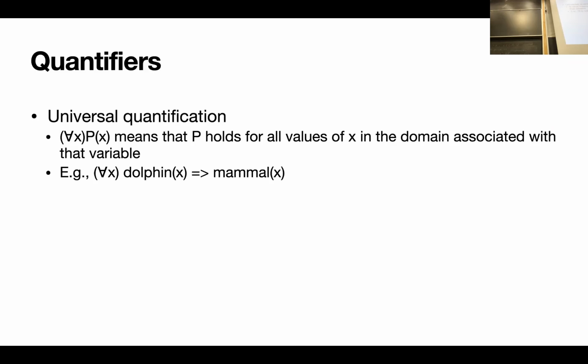That means for all values of X, this sentence has to be true for all entities X in our domain D. Here the domain could be all the different dolphins in a particular zoo, for example.